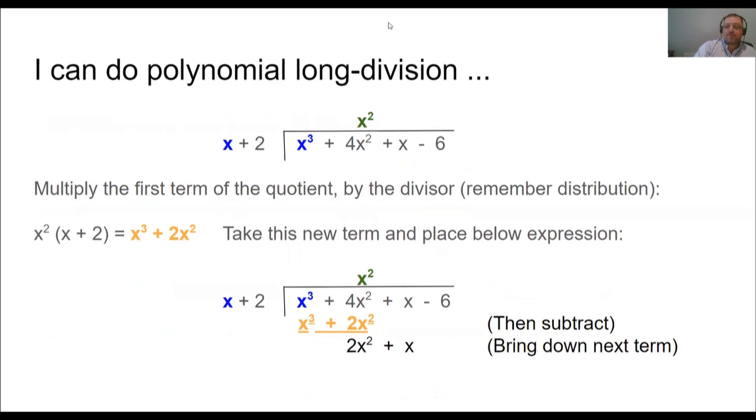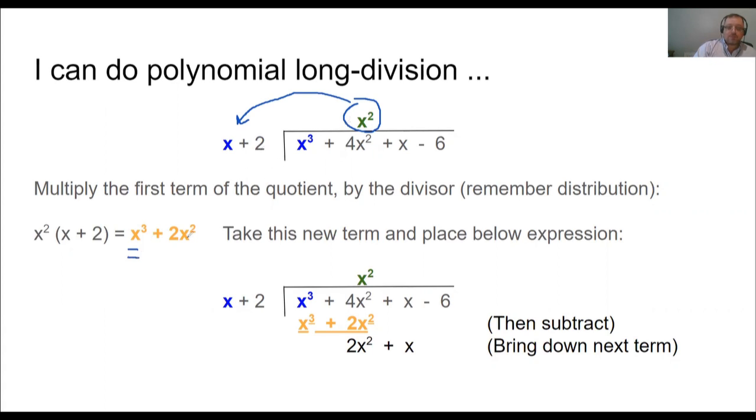So next I have to take that first term, the one I just got, and I'm going to multiply it by this term, just like we did in division. X squared times x is x cubed.